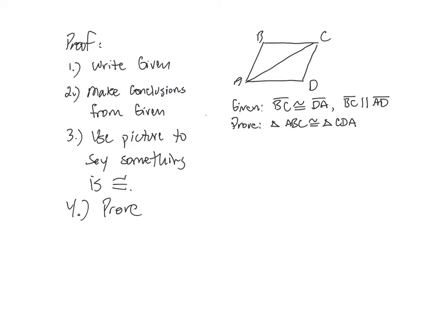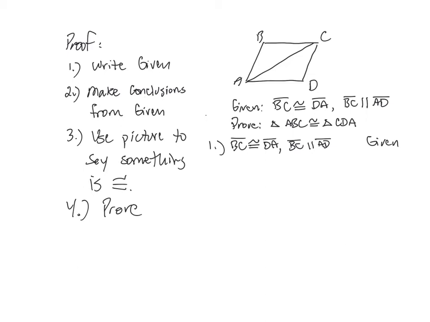Okay, so step one, write the given. So BC is congruent to DA and BC is parallel to AD, and the reason is given. I'm going to label stuff also.